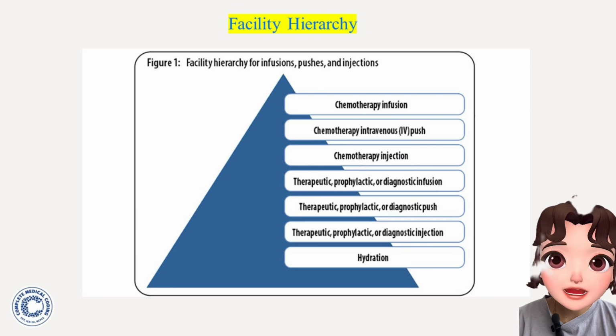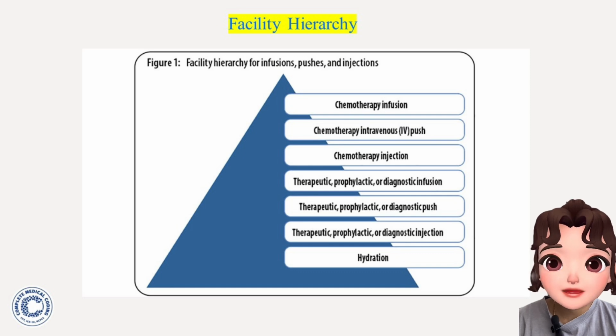Then we code therapeutic, prophylactic or diagnostic infusion, therapeutic, prophylactic or diagnostic push, therapeutic, prophylactic or diagnostic injection, and then finally hydration. So this is the hierarchy. This is the series that you have to order according to the documentation.